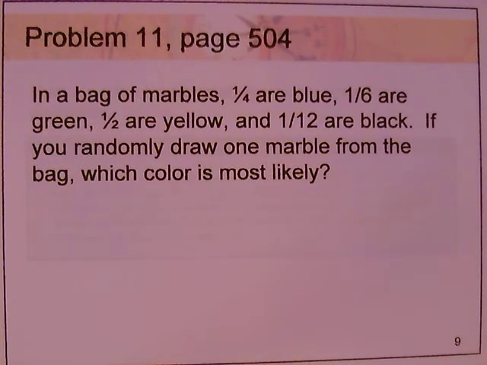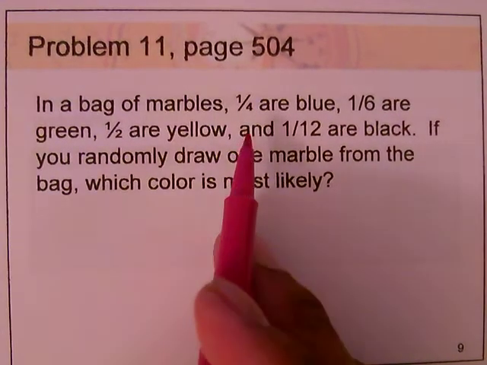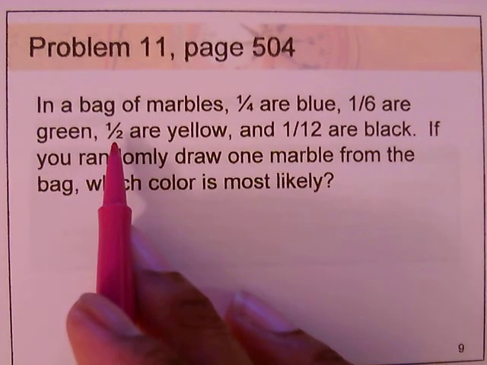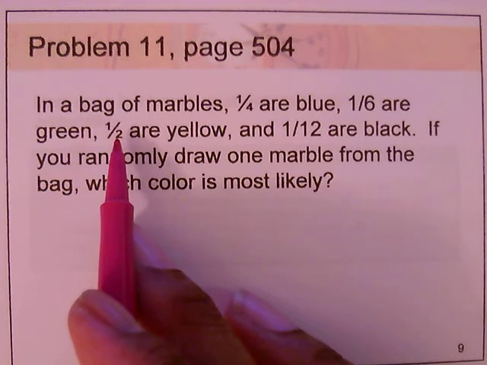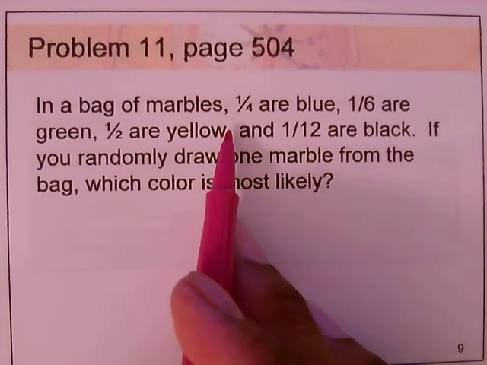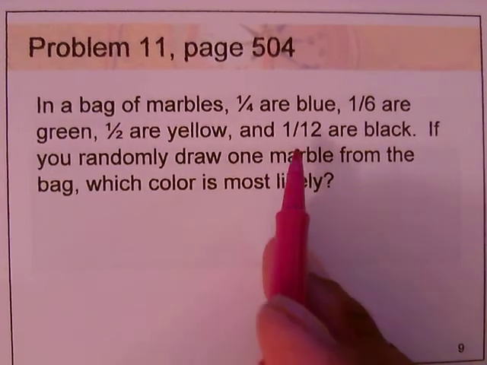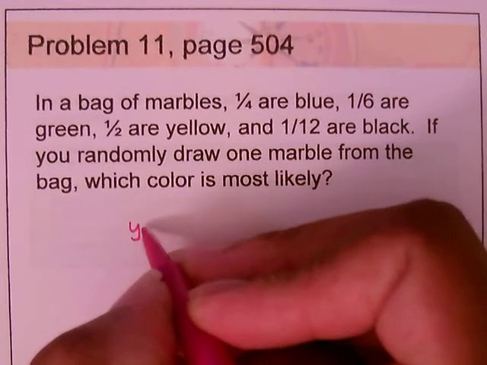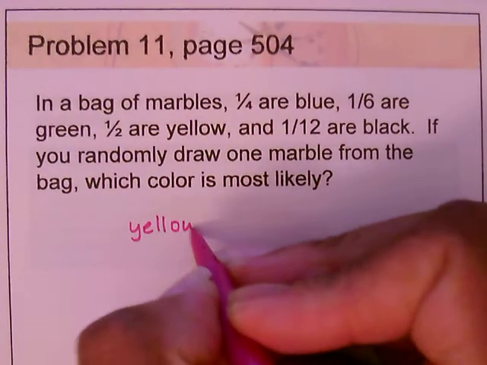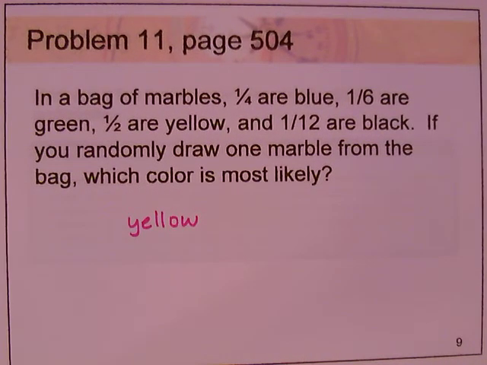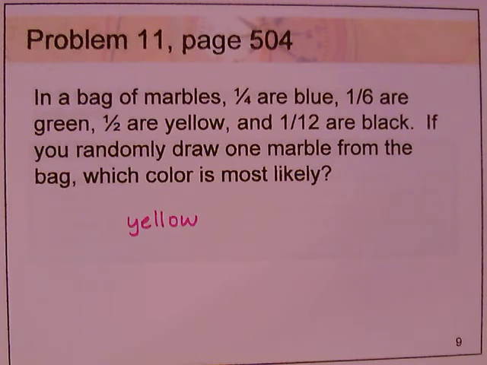By looking at this, the fraction 1/2 means half the marbles in that bag are yellow. That 1/2 is more than 1/4, 1/6, and 1/12. So more than likely you would draw a yellow marble, because half of the marbles in that bag are yellow.